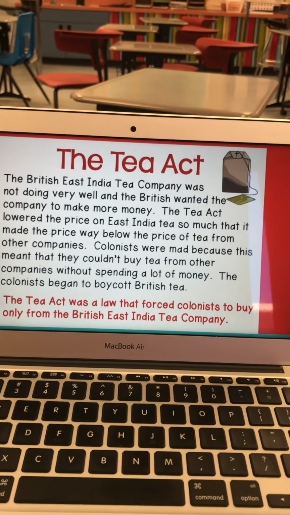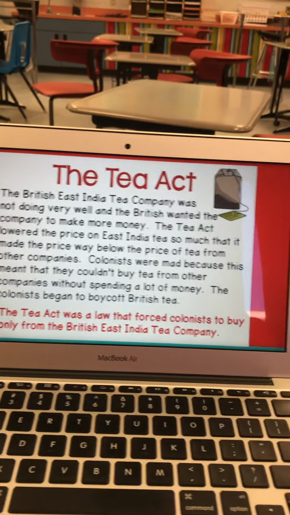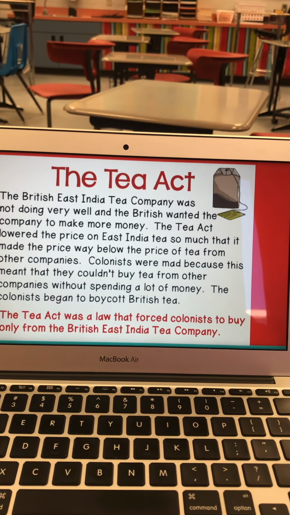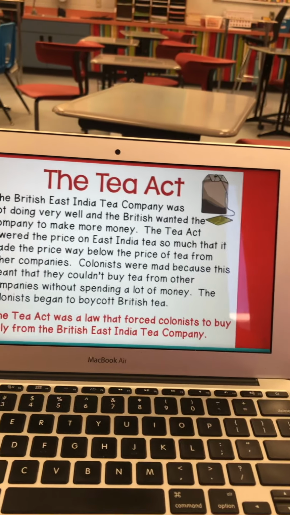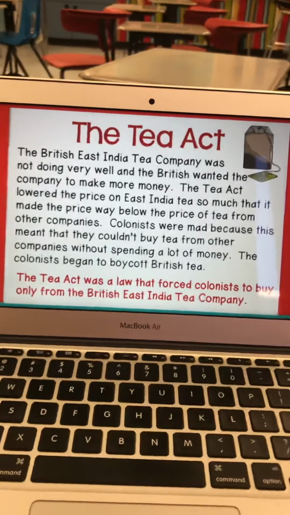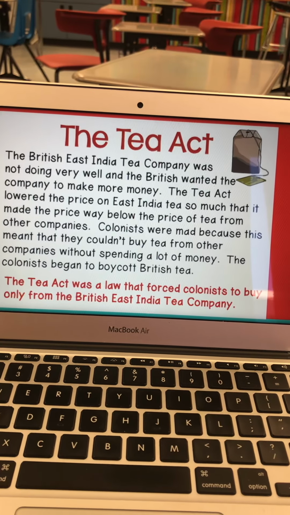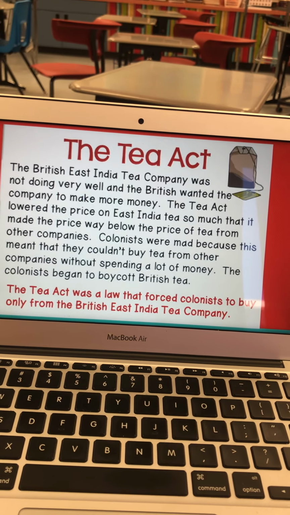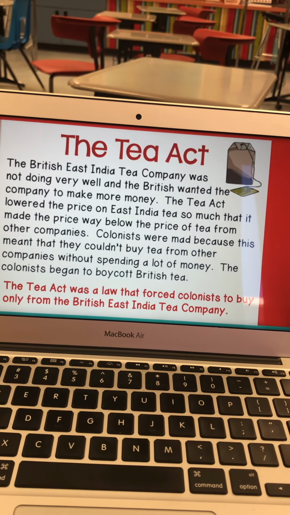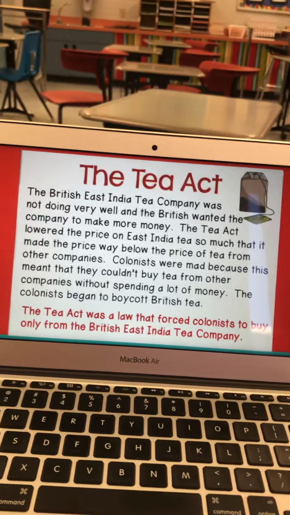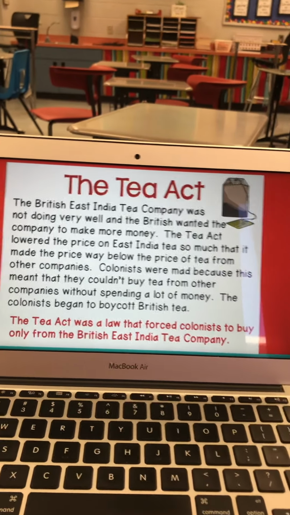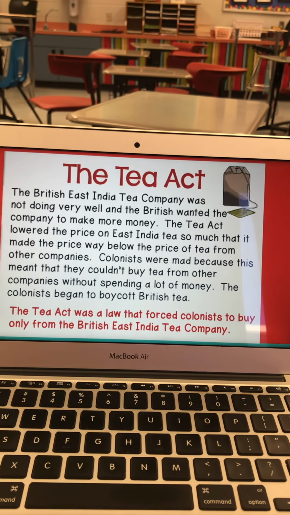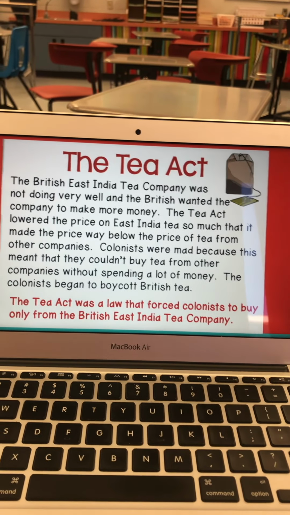Okay, so when I first read that, before I read the last sentence, I did not understand why the colonists were upset about maybe paying for a different tea. Well, it's because it was another way for the British government to control them. So it's like, let's say my favorite store is Hy-Vee, since it's local around here, Hy-Vee is great.